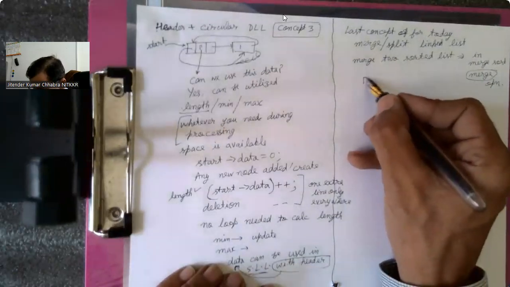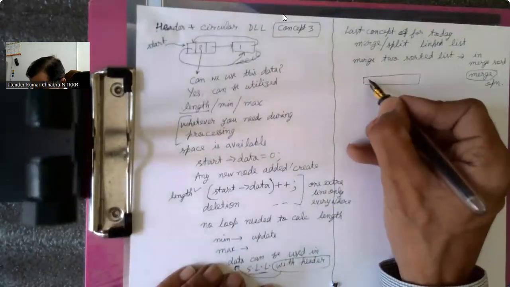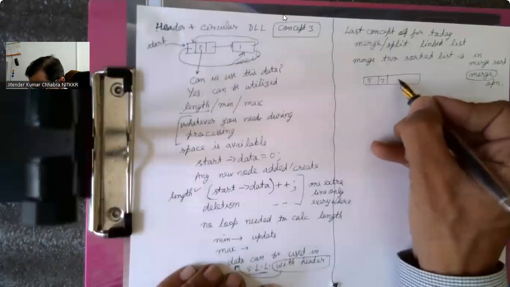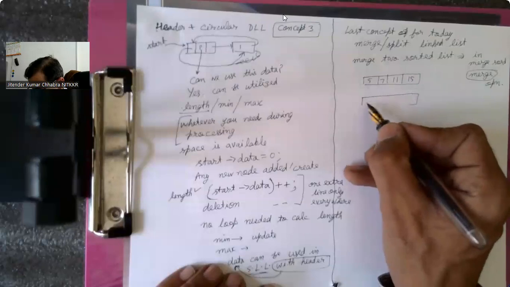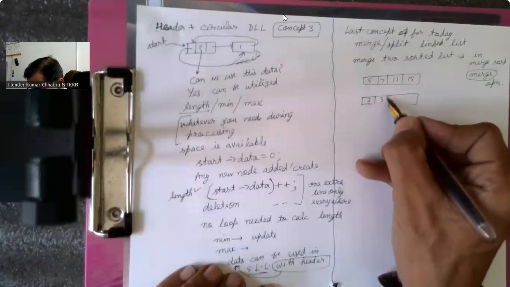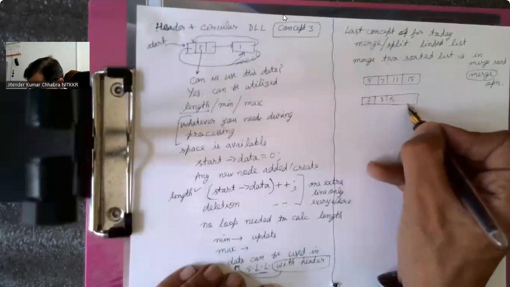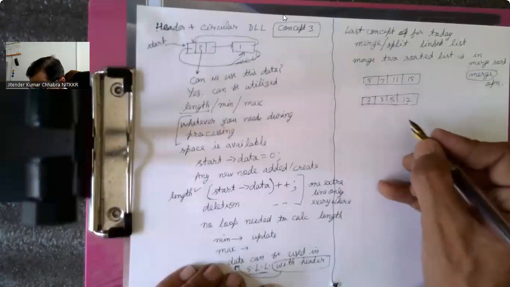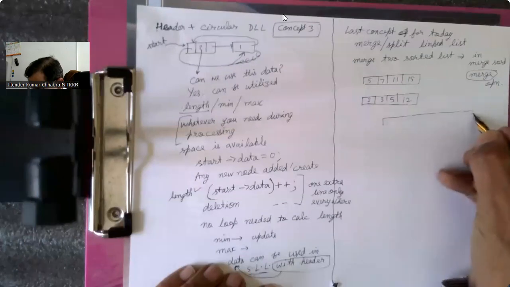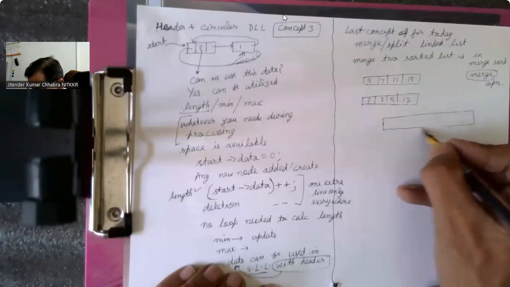In merge sort, array based, let's say one sorted list was 5, 7, 11, 50, and the other list was, let's say, 2, 3, 5, 12, and so on. First you created a new list and added all the data one by one.